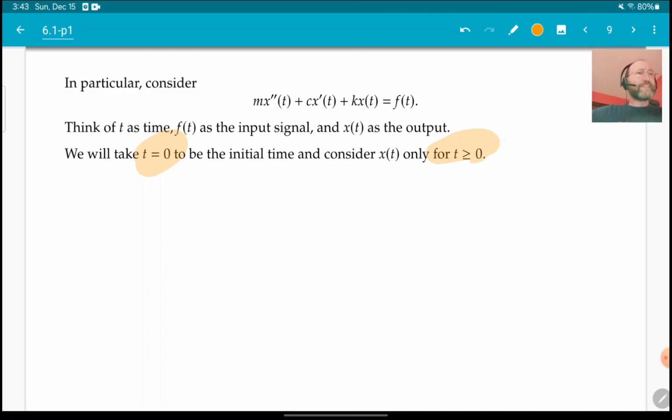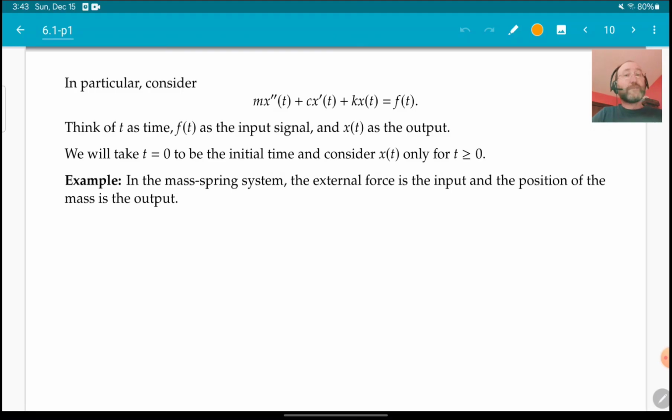For negative time, we can think of all of our functions as just being 0, or not existing whatsoever. So we're only interested in non-negative t, from t equals 0 onwards. We don't care about history. We're ignoring history, despite what the historians tell us to do. We're just looking at the future.